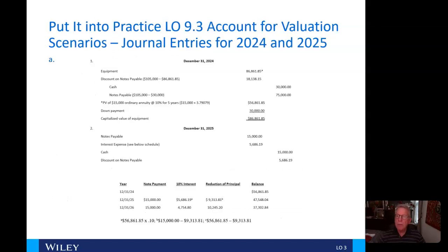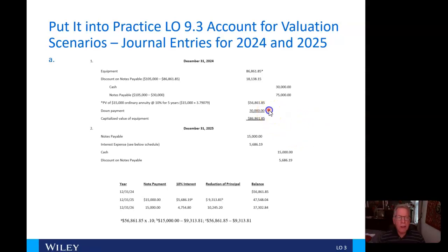So let's do Alpha. Here, we're going to record equipment of $86,861. The way we get that is we take the present value of a $15,000 ordinary annuity at 10% for 5 years. We pick up this factor from the present value tables, multiply it times 15,000, and we get $56,861.85.